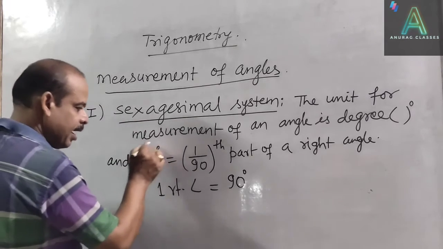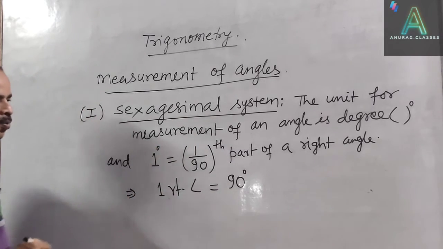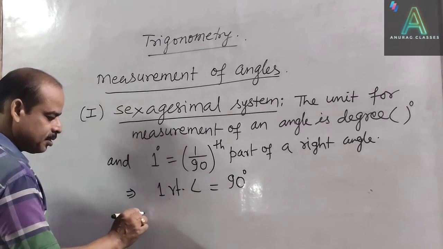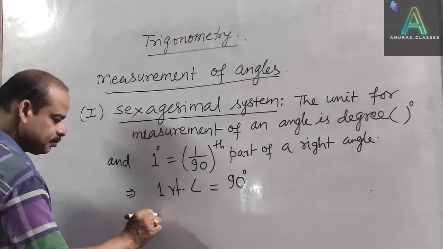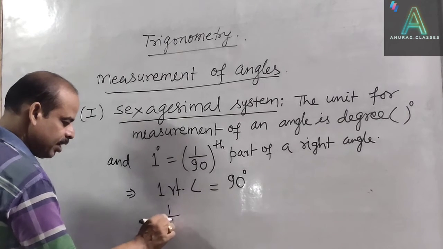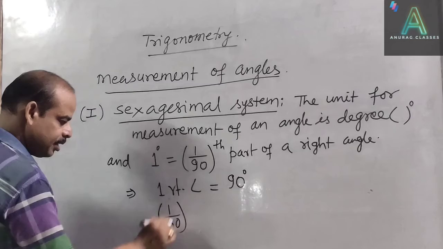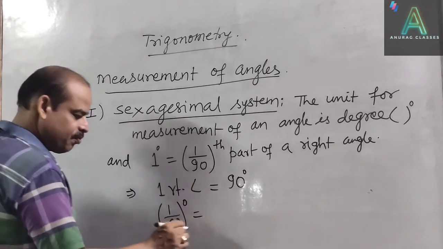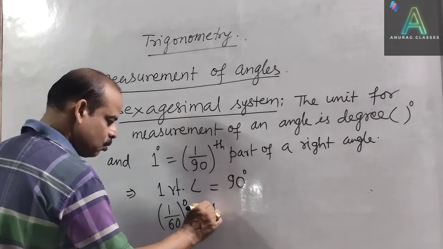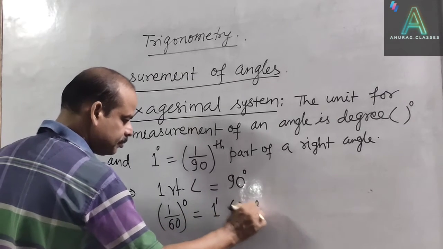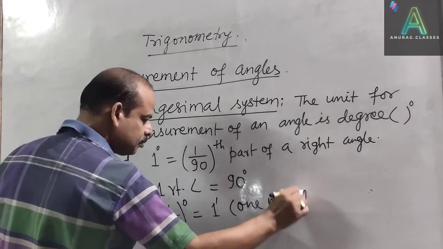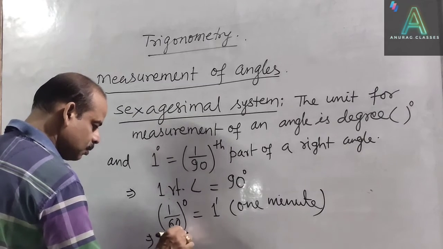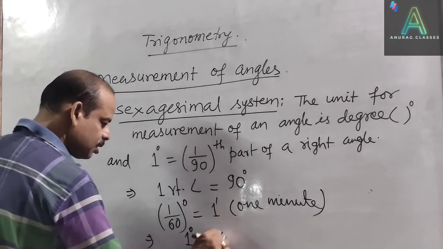Again, this angle of 1 degree will be divided into 60 equal parts, and each part is called a minute. That is 1 divided by 60 degree. 1 degree is divided into 60 parts, so 1/60 of a degree is equal to 1 minute, that is 1 degree is equal to 60 minutes.